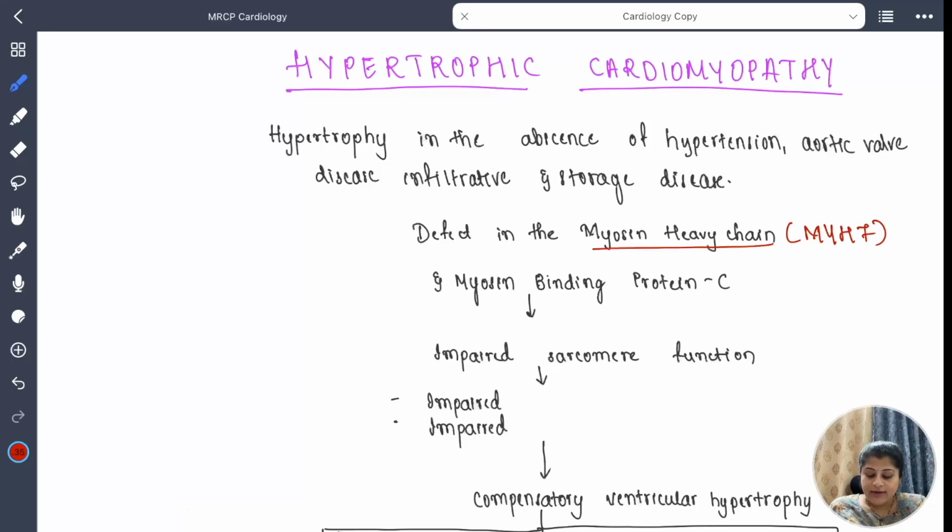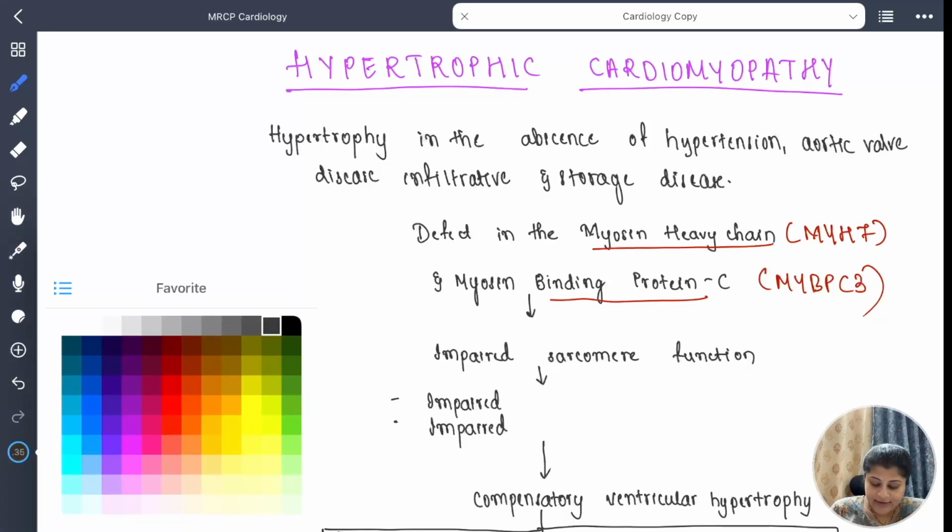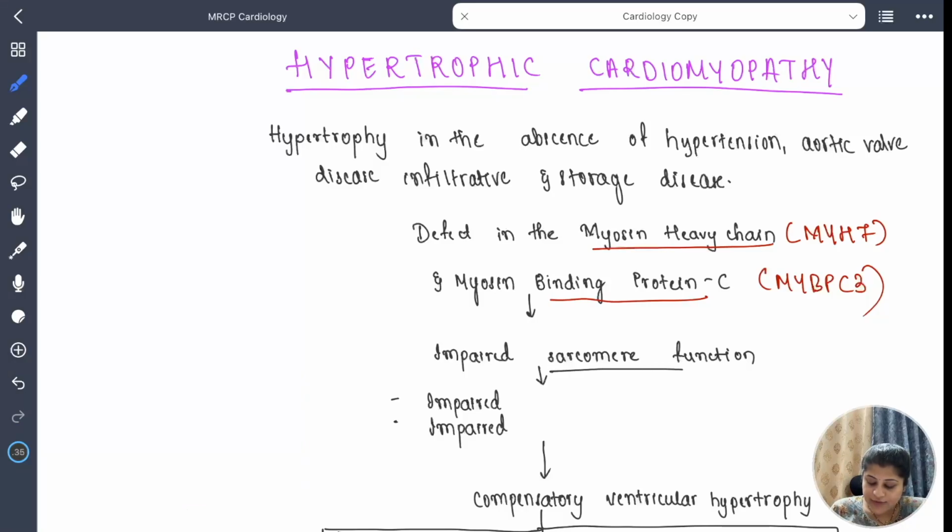The second one is myosin binding protein C, coded by the MYBPC3 gene. Now, what is happening because of the defect in these sarcomeric proteins? There is impaired function of the sarcomere. What happens when the sarcomere starts malfunctioning?